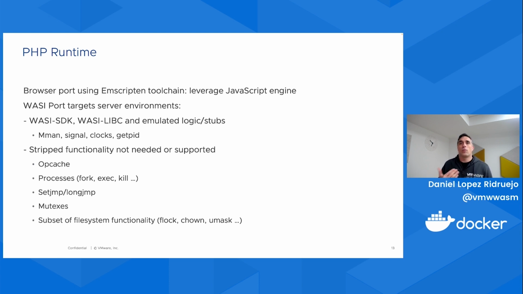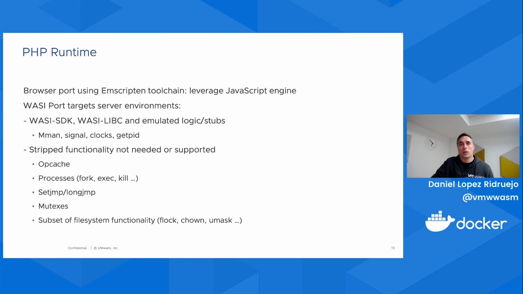For that, we use tooling like WASI libc to emulate or stub out functionality that has to do with POSIX, like signals and getting process IDs, as well as remove functionality that is not needed.